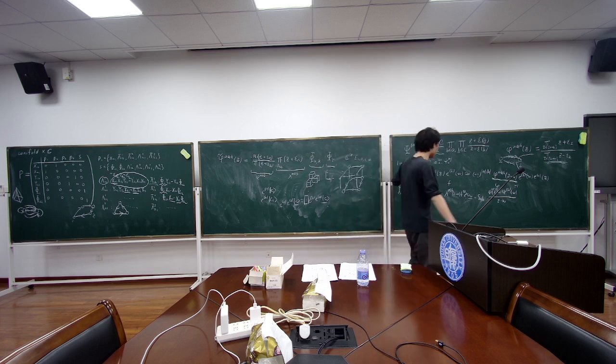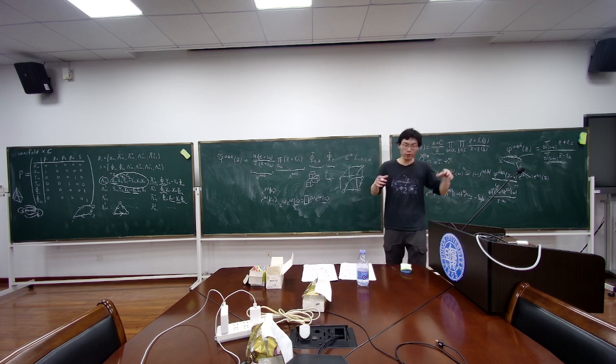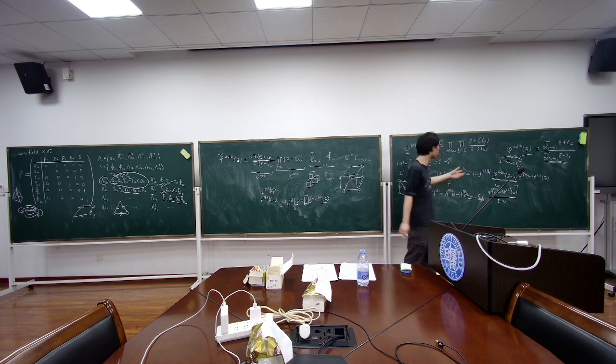I spent some time writing down these expressions for the JK residues, because I'm hoping that we can get this thing from the JK residues, since they look very similar. These are poles here, and in the JK residues I have the poles there. So in principle, I should get this algebra from the JK residue expressions.